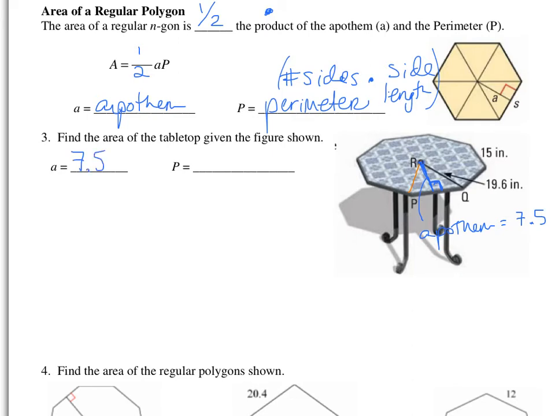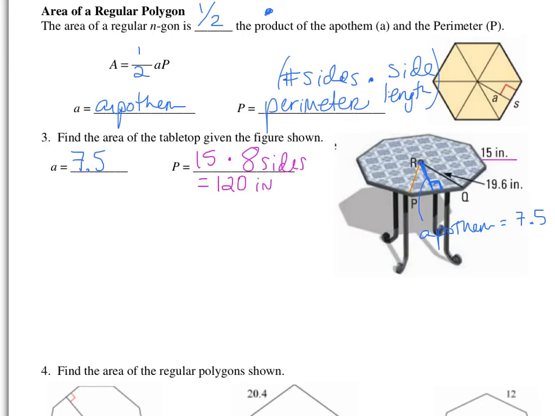The perimeter, remember we need to take the number of sides of our figure and multiply by the side length. Well, the side length is this 15 inches. And if you count up the number of sides, we have 1, 2, 3, 4, 5, 6, 7, 8. So 8 sides. And if we multiply those together, we get 120 inches.